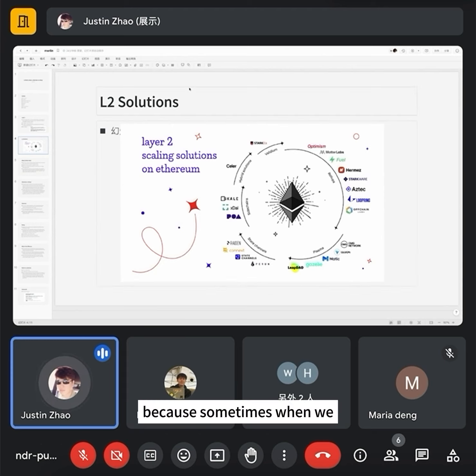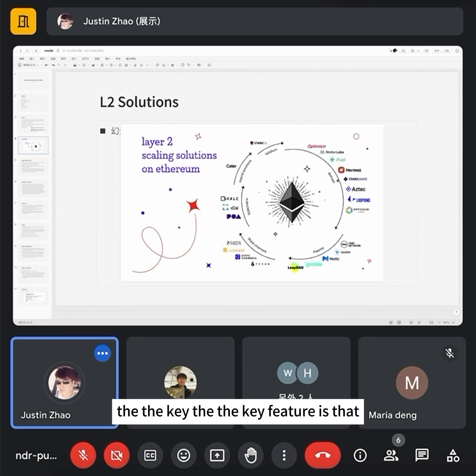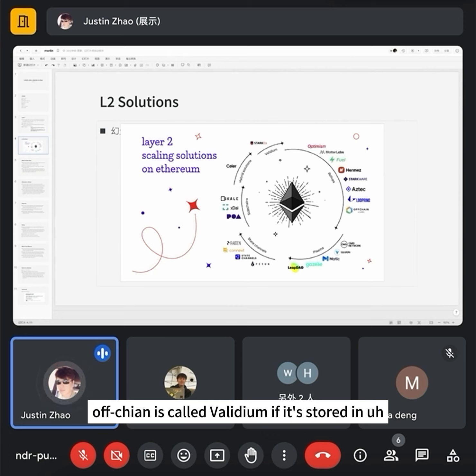Because sometimes when we discuss the difference between Validium and the rollups, the key feature is that the DA, the data availability, is stored off chain, it's called a Validium.